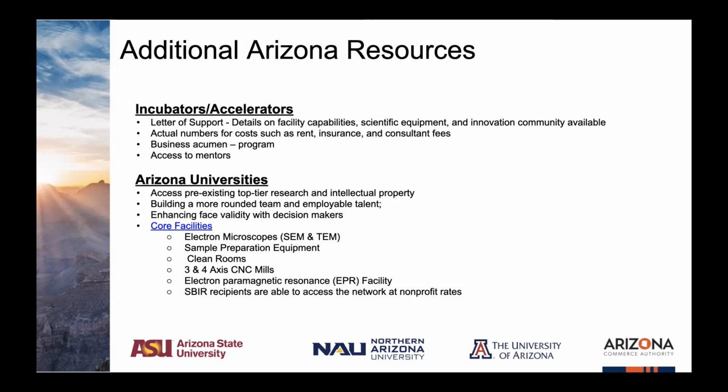You can purchase time at the Core Facilities Network to access these facilities that can help you when you're in the middle of the SBIR process, phase 1, phase 2, proof of concept R&D. You can use these facilities for manufacturing, that sort of thing. That's also a great resource that the FAST Grant can be used to access.